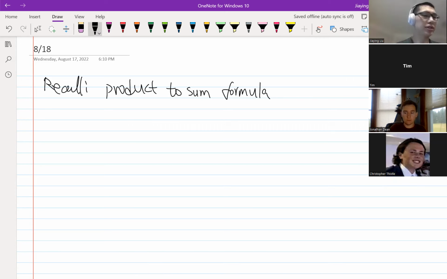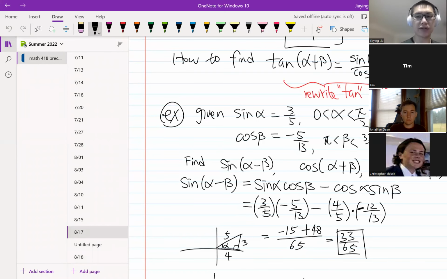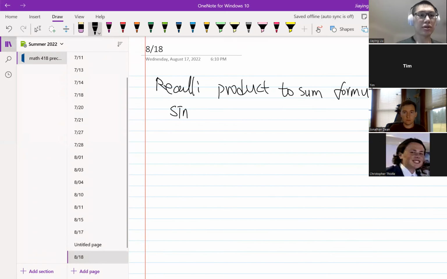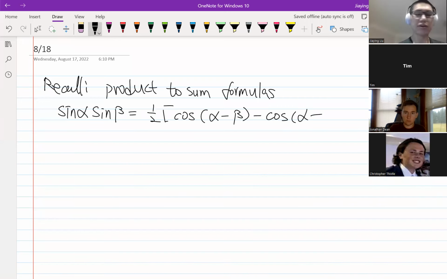So one of them was sine alpha, sine beta, and that's equal to 1/2 cosine alpha minus beta minus cosine alpha plus beta. So that's the product to sum formula.